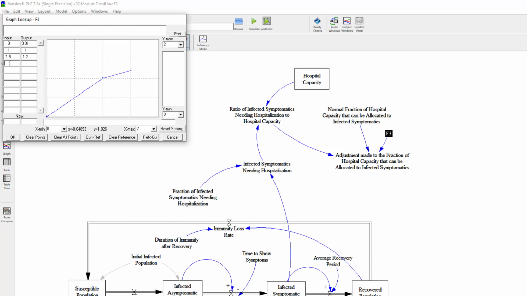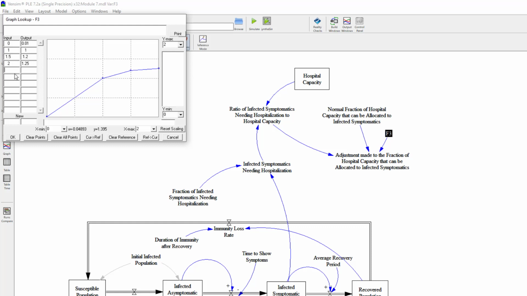Okay, and then when this ratio is twice as much as the normal fraction, in this case 2, we're going to say here the multiplier will be 1.25, implying there will be 25% more hospital capacity allocated to COVID-19 patients.